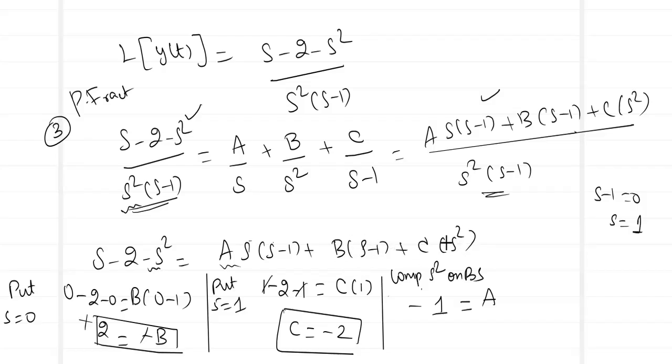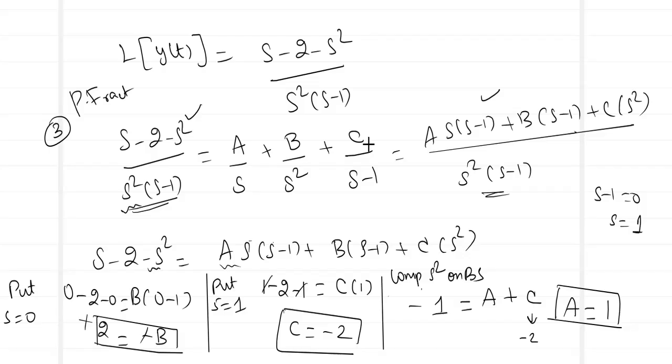How about the coefficient of s square in the third term? It is going to be C. So I have minus 1 equal to A plus C. Already we know that C is equal to minus 2. Hence, when I substitute C equal to minus 2, the value of A is got as 1. So I have obtained the value of all three constants: A as 1, B as 2 and C as minus 2.